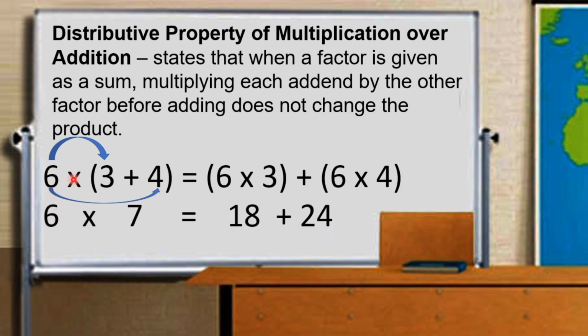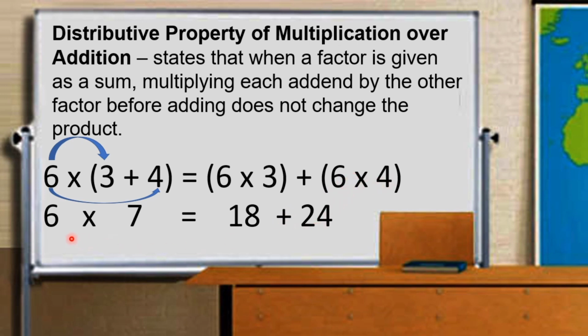Bring down 6 times, let us solve our given inside the parenthesis. So, 3 plus 4 is 7 equals, let us solve the second expression. 6 times 3 is 18 plus 6 times 4 is 24.